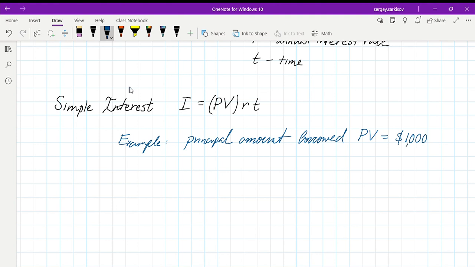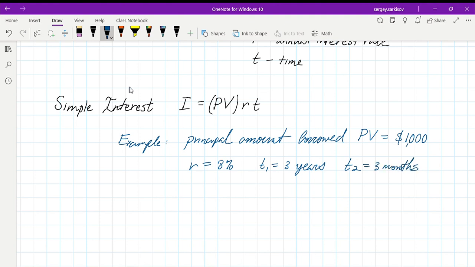And maybe the annual interest R is equal to, almost like a tax, 8%, okay? And maybe the time, let's do 2 times. T1 is 3 years, and the other idea is T2 would be 3 months. So we have 2 examples here.